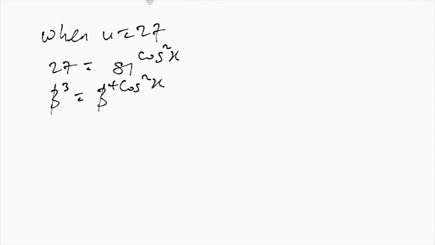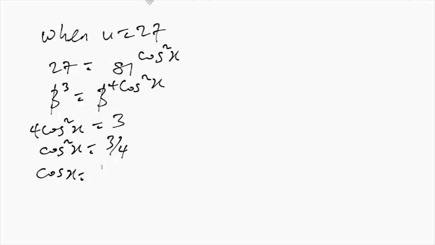Then we can now say 4 cos square x equals 3. Divide both sides by 4. cos square x equals 3 divided by 4. Then cos x equals the square root of 3 over 4. And then we have cos x equals root 3 over 2.